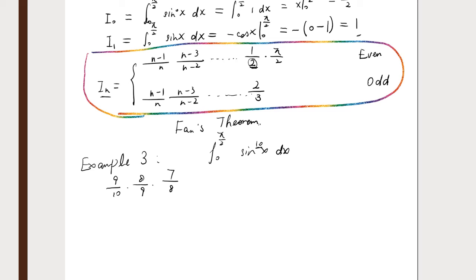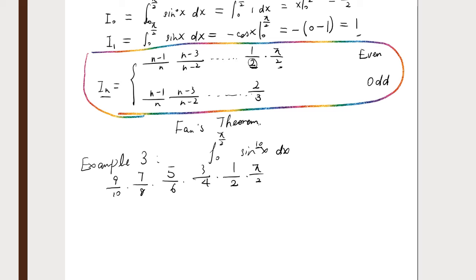I made a mistake here, so this one should be 7 over 8, and this one should be 5 over 6, and 3 over 4, and 1 over 2, and finally, because it is an even number, we're going to have pi over 2.